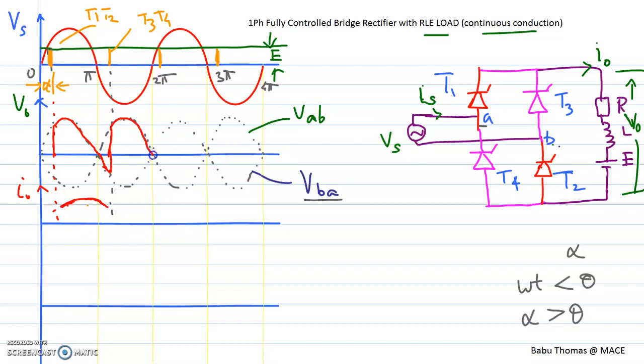So it will be moving like this. At that time, your current again starts increasing like this, but it will not become 0 at 2 pi, and therefore it will keep conducting like this.